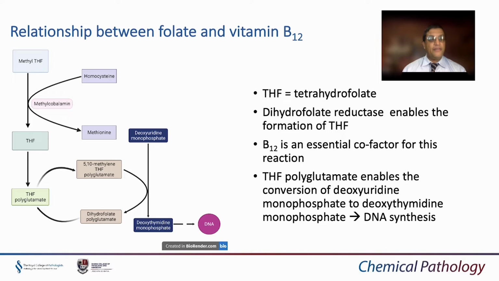Hence, if either or both B12 and folate are deficient, megaloblastic anemia may result due to poor formation of DNA and abnormal red blood cell development.